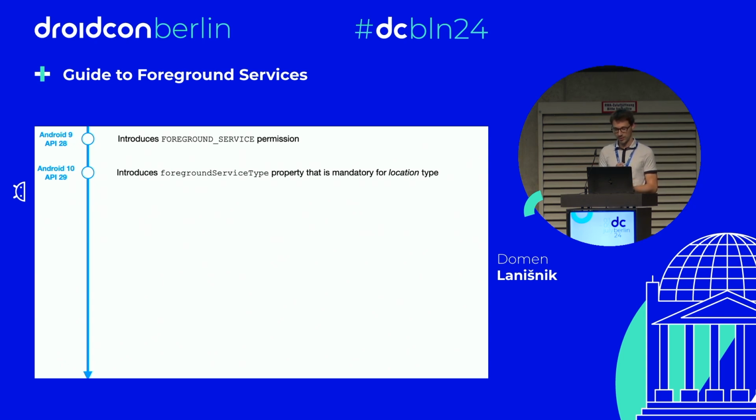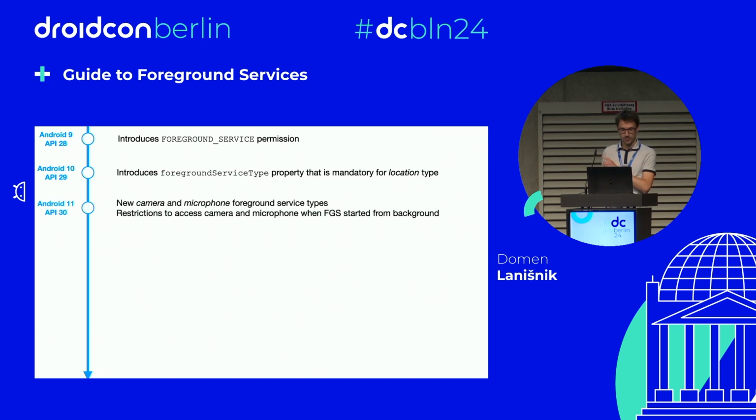We'll discuss the types a bit later, but for now, Android 11 brought new types, camera and microphone, and some restrictions on when you can access the camera and microphone from a foreground service. Android 12 brought a great deal of restrictions on starting a foreground service from the background.